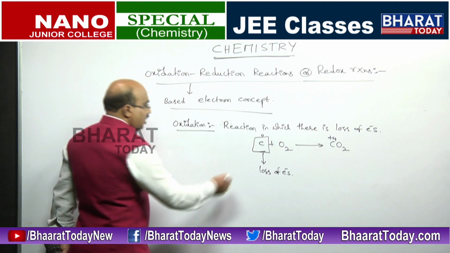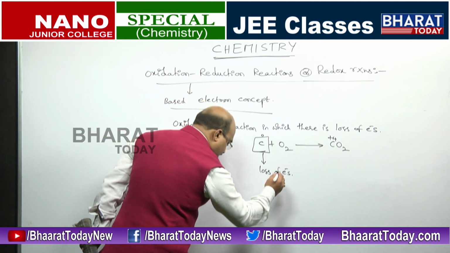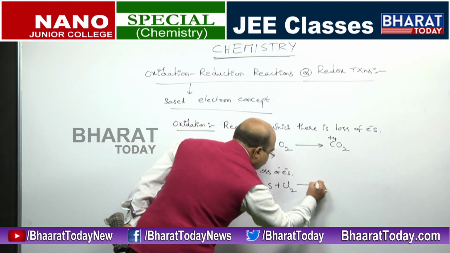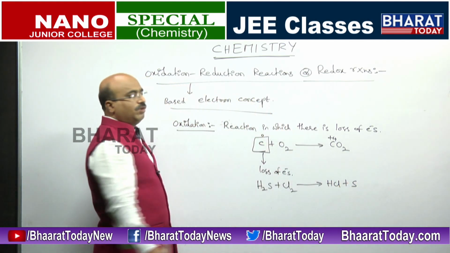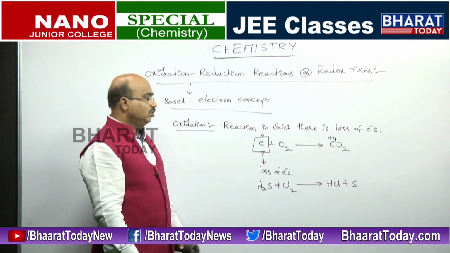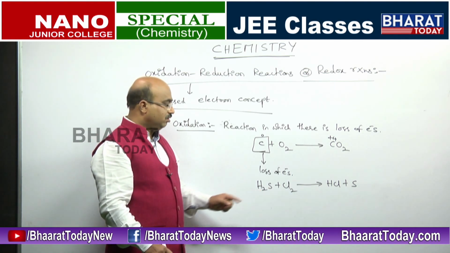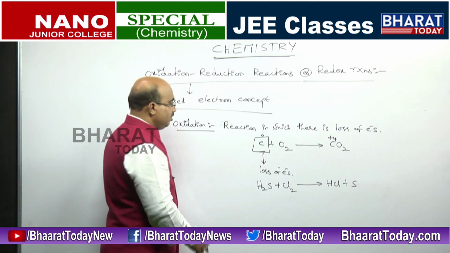Similarly, you can take any other reactions already covered. Take the oxidation reaction H2S plus Cl2 giving HCl plus S, which we have already taken. We said removal of hydrogen from here means this is oxidized. Now how can we define this again?